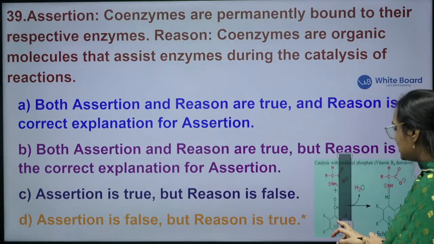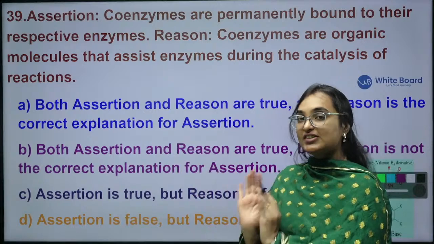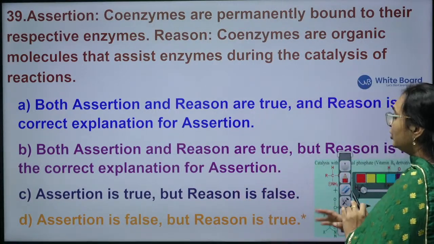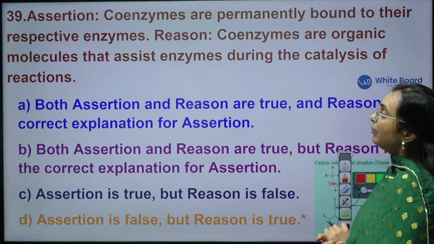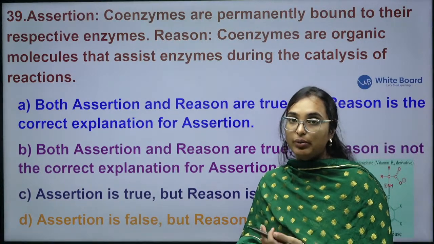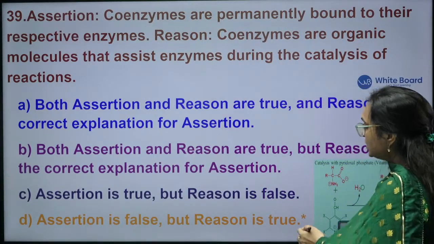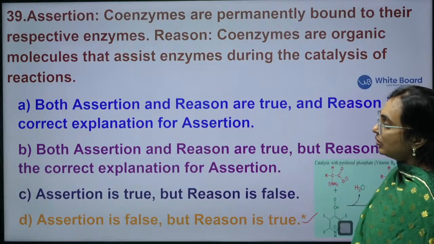The next statement is correct only here. These organic molecules assist the enzymatic function during the catalysis of reactions, but do not bind permanently to the respective enzymes. Some are temporarily bound and some are permanently bound. That is why A is false and R is true. Answer is D.